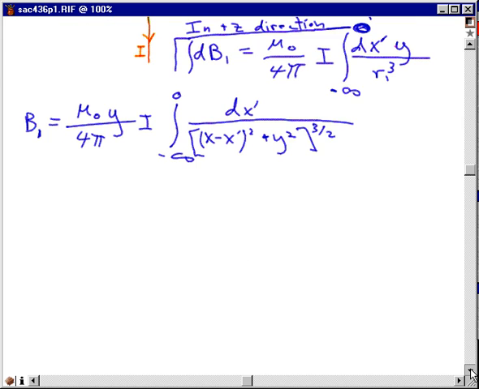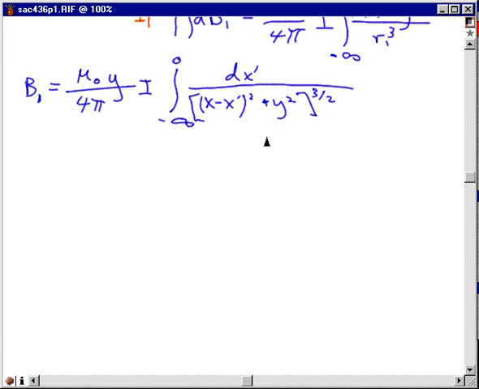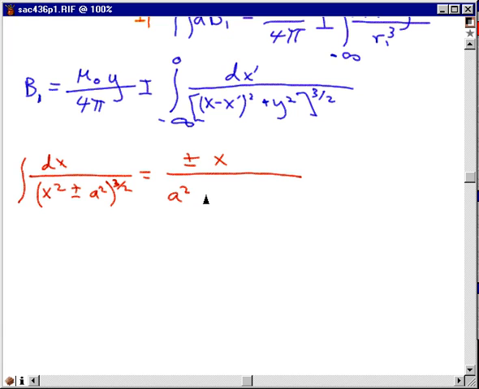So now I have to evaluate that integral. And if you look on the formula sheet or in the back of your book where you've got a table of integrals, you'll see that this one is pretty similar in the form to, I call it a generic expression, dx over x squared plus or minus a squared, all to the 3/2, that you find in the table of integrals, and that evaluates to plus or minus x over a squared times the square root of x squared plus or minus a squared.